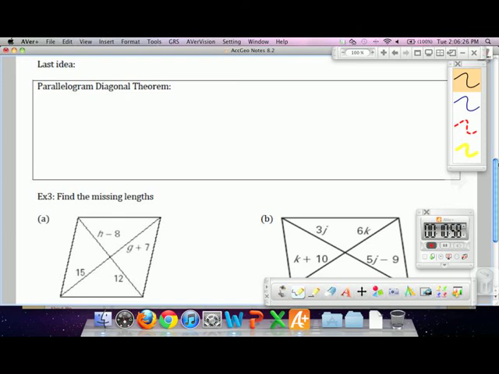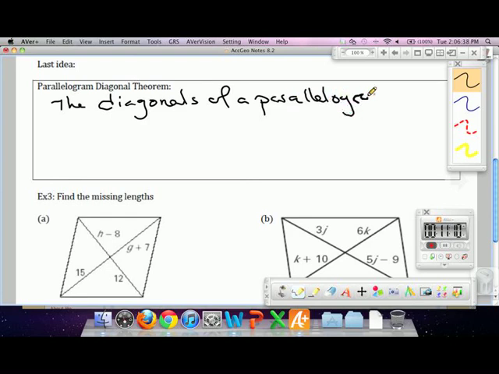It says that the diagonals of a parallelogram bisect each other. What does it mean to bisect? Cut in half or intersect at the midpoint.